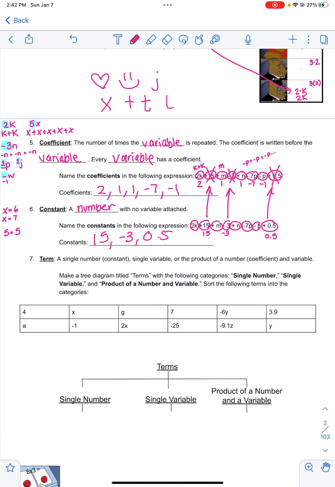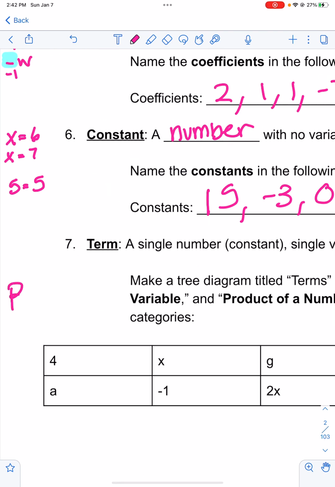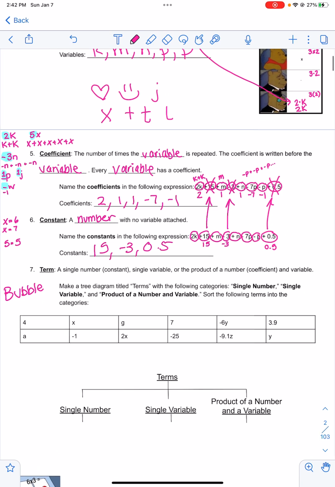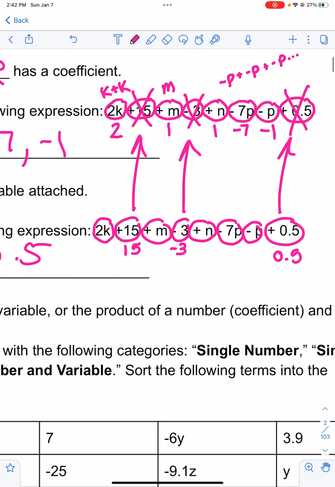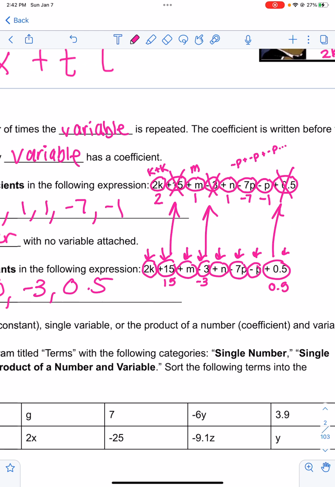All right, that brings us to term. A term is basically whatever you bubbled. So if you put something in a bubble, that is a term. In this previous problem, we had 1, 2, 3, 4, 5, 6, 7, 8 terms.